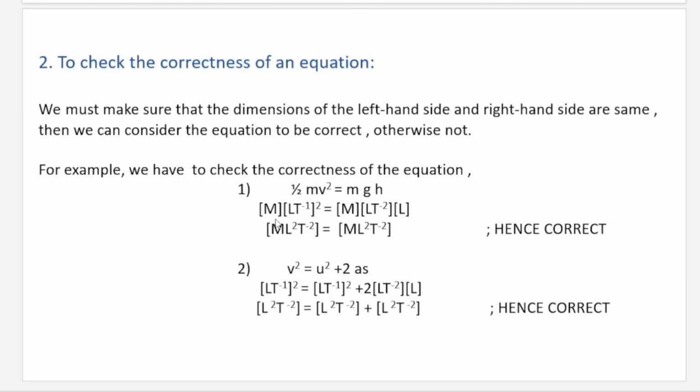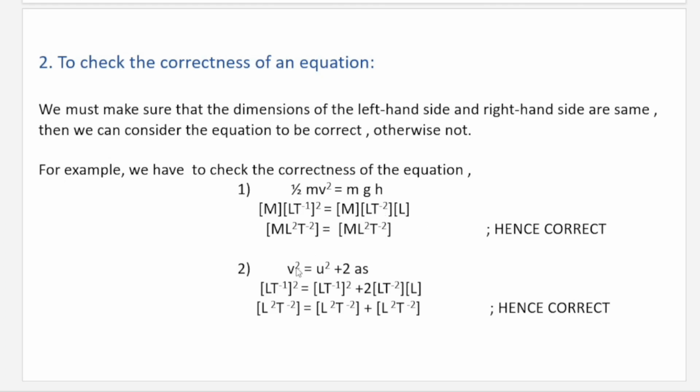M here is mass, v is velocity, LT minus 1, v square, so LT minus 1 whole square equal to m mass, g is LT minus 2 gravity, height is L. So we get ML2 T minus 2 equal to ML2 T minus 2. Hence both are equal, so it is correct.